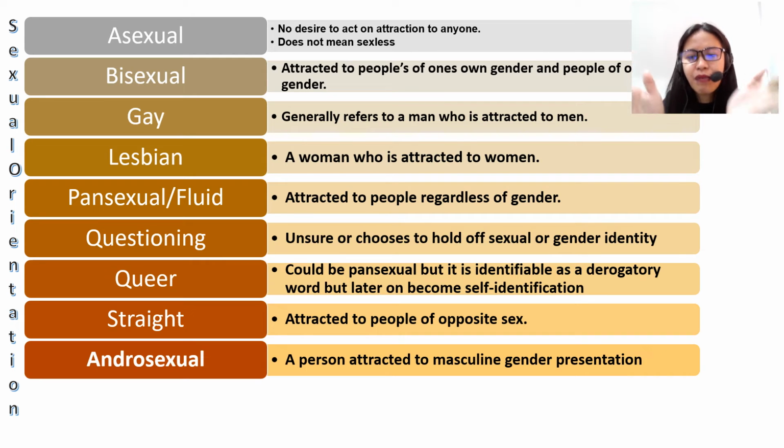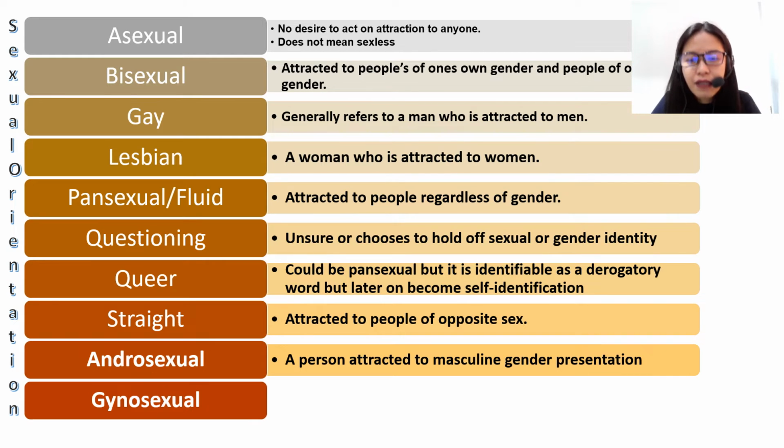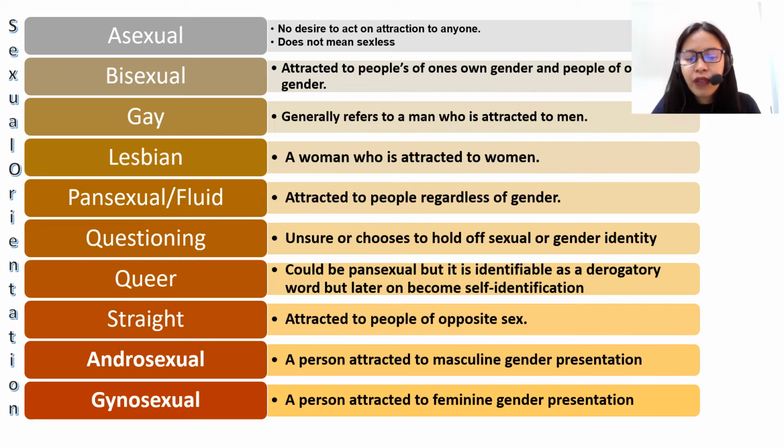Either it's a female or a male. Okay? Aside from androsexual, we have also gynosexual, and these are persons attracted to feminine gender preference. So, kanina, medyo masculine, walang ano doon kung babae ba siya or lalaki. Ito naman, maski babae or lalaki, basta yung characteristics niya is feminine, so na-attract siya doon.